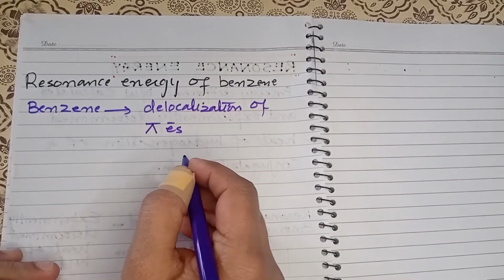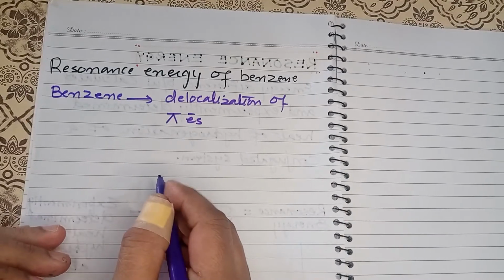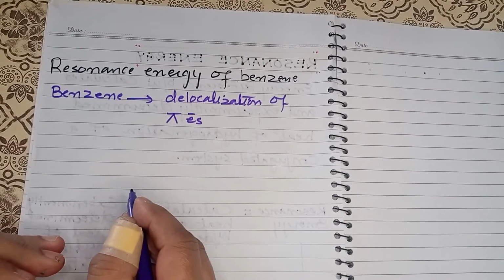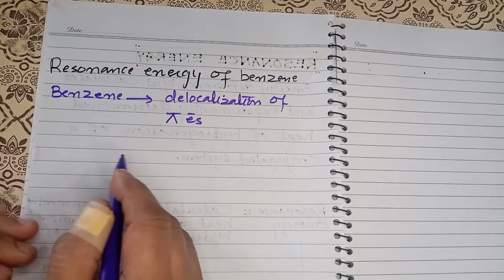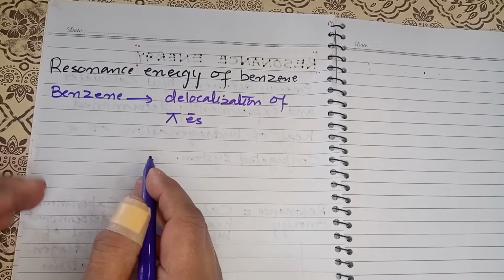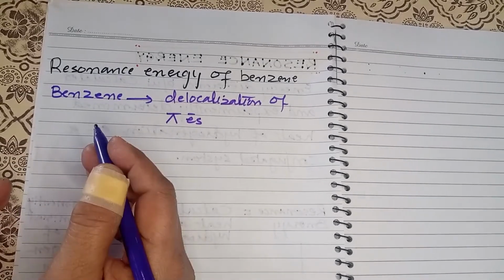The magnitude of its extra stability can be estimated by measuring the change in the heat of hydrogenation.